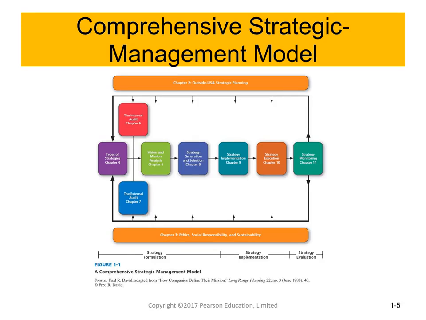This diagram is a comprehensive strategic management model depiction of each stage, comprising the three main stages of strategy formulation, strategy implementation, and strategy evaluation.